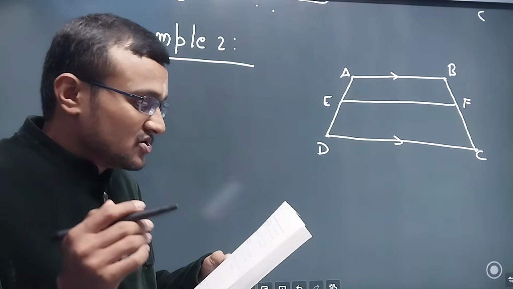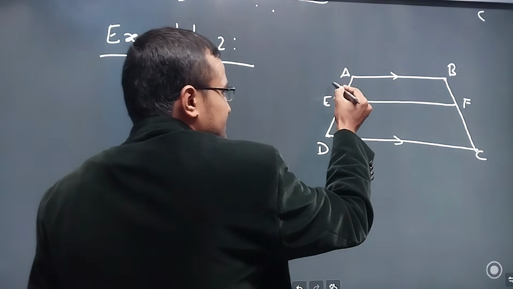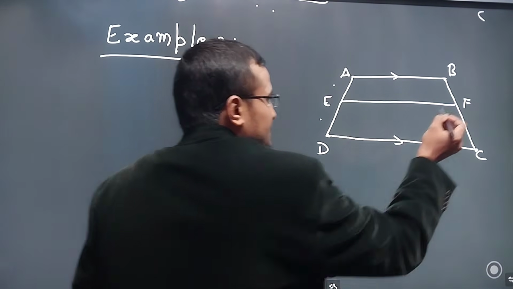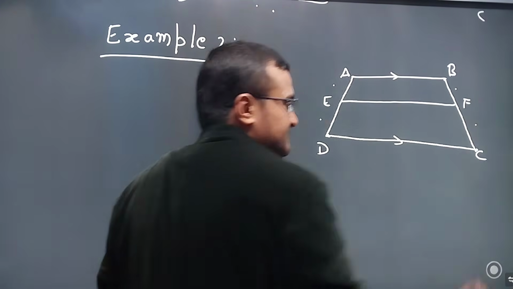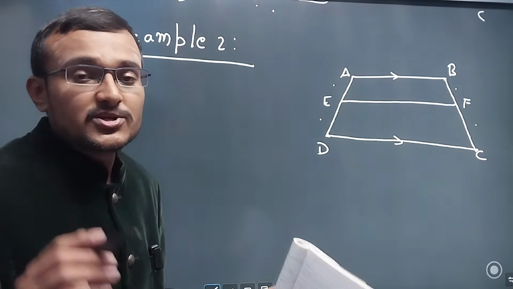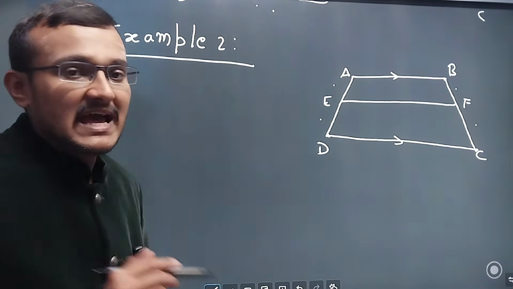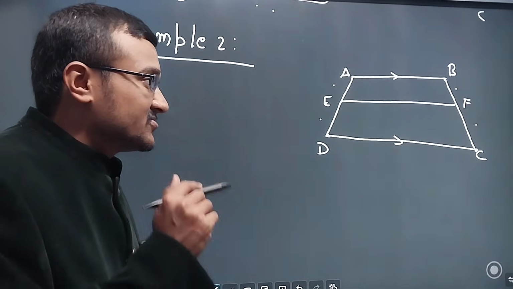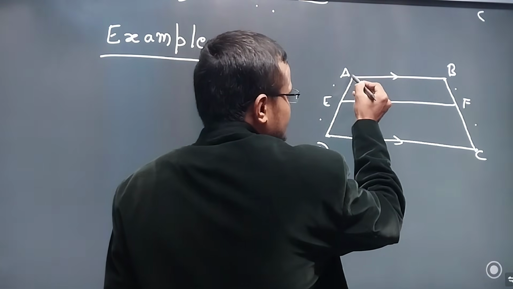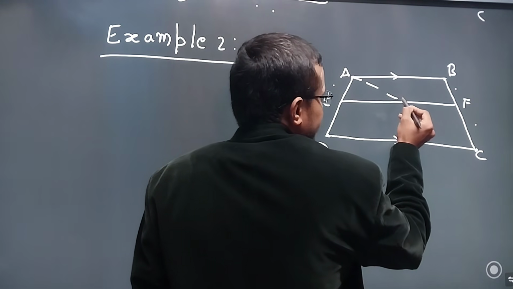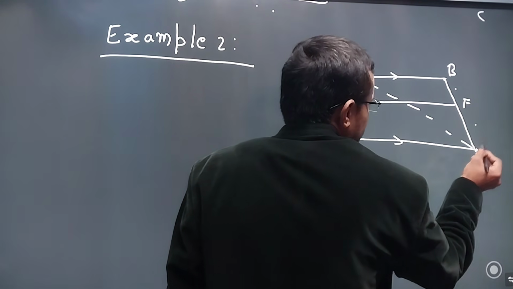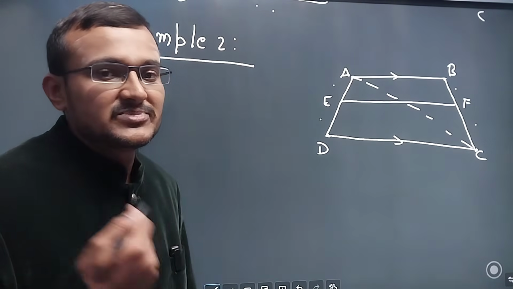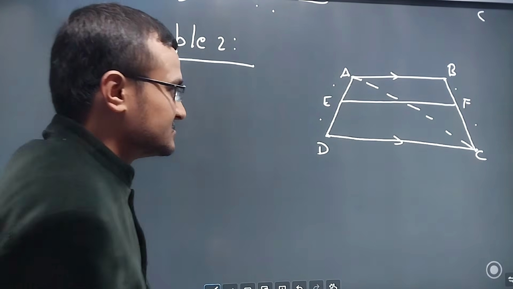Now you need to show that AE by ED is equal to BF by FC. So this is what you need to prove, but here we have triangles in theorem 6.1 and 6.2. So in order to get a triangle, you can just join A and C like this. If you do that, this trapezium is cut into two triangles.